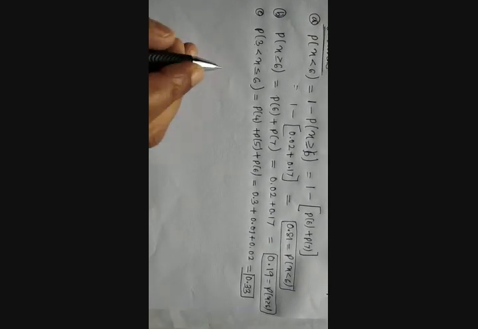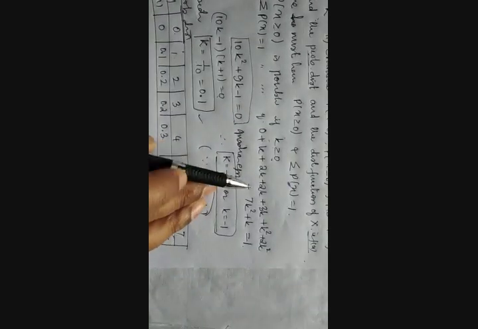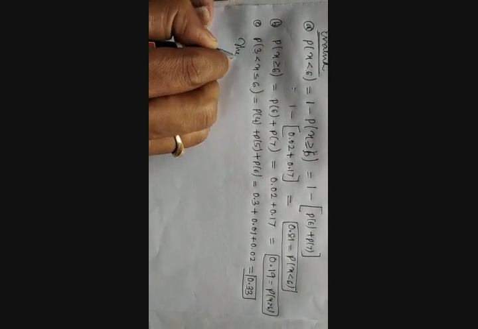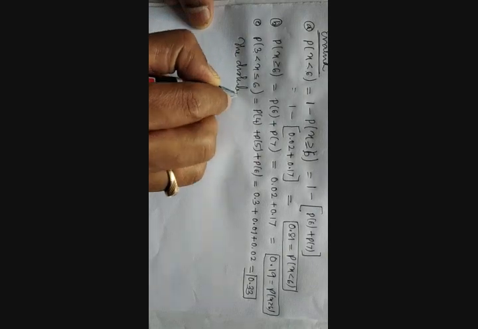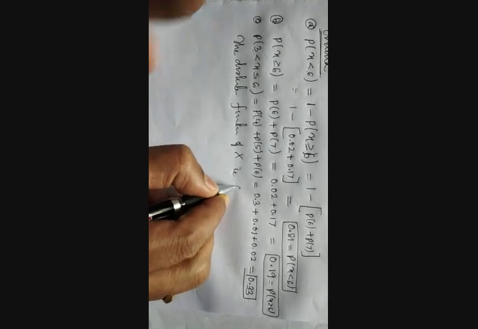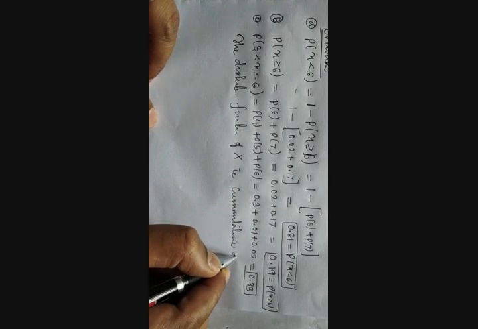Okay, then we will calculate the cumulative function. What is the cumulative function? One more additional question is given here, that is, also find the distribution function of x. The distribution function of x is nothing but the cumulative distribution function, CDF.